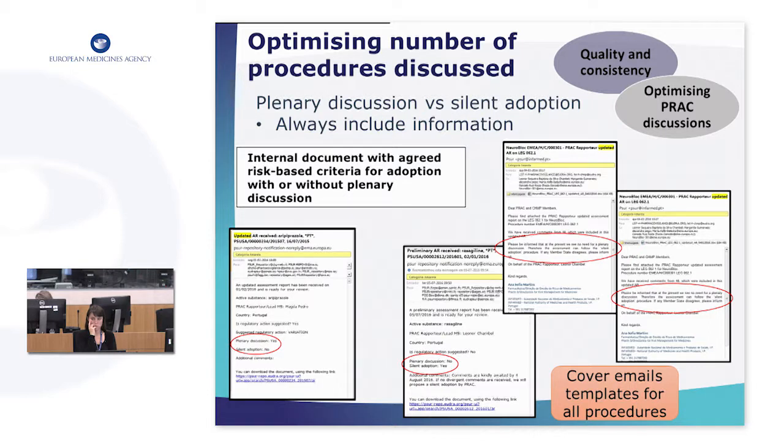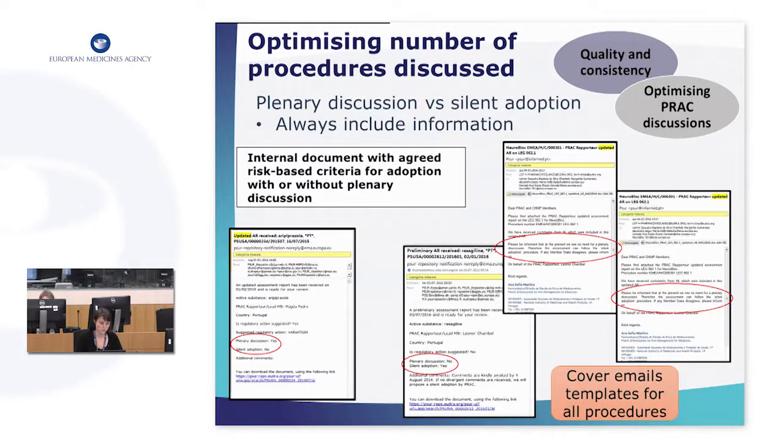This will all help the preparation of the meeting, but considering our procedures, it's also very important to share the information on whether the procedure is going to be adopted by plenary discussion or by silent adoption. So we share that information with other member states when we circulate our final assessment report.